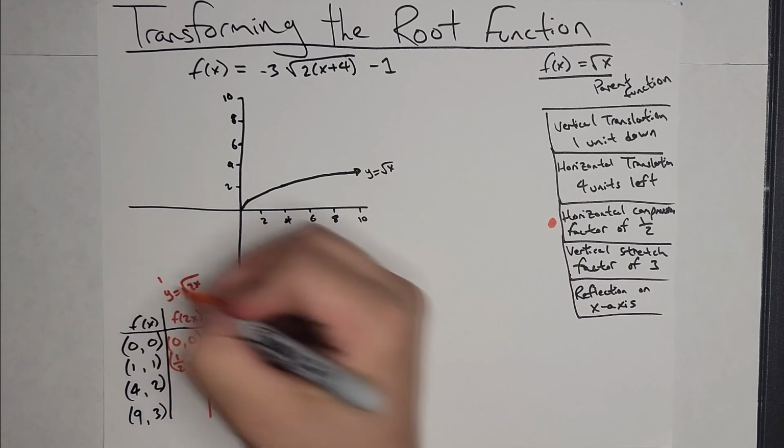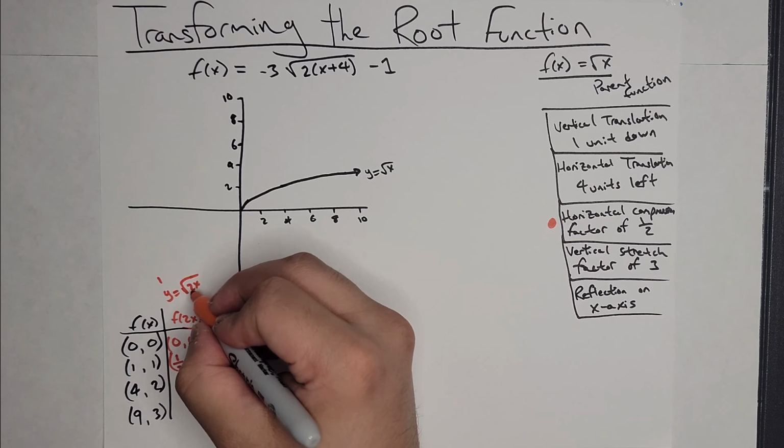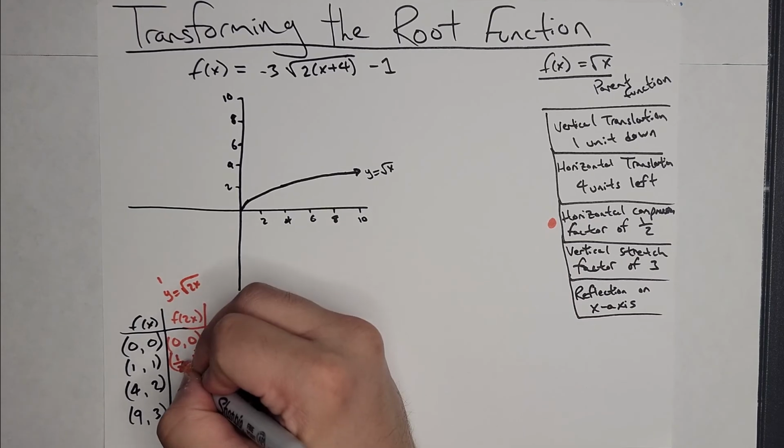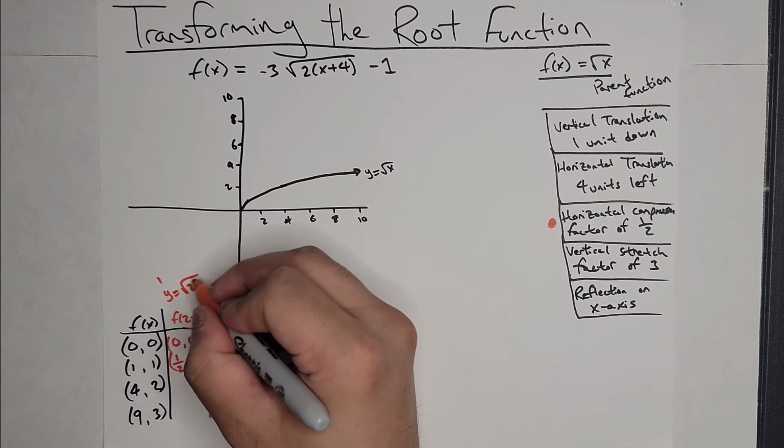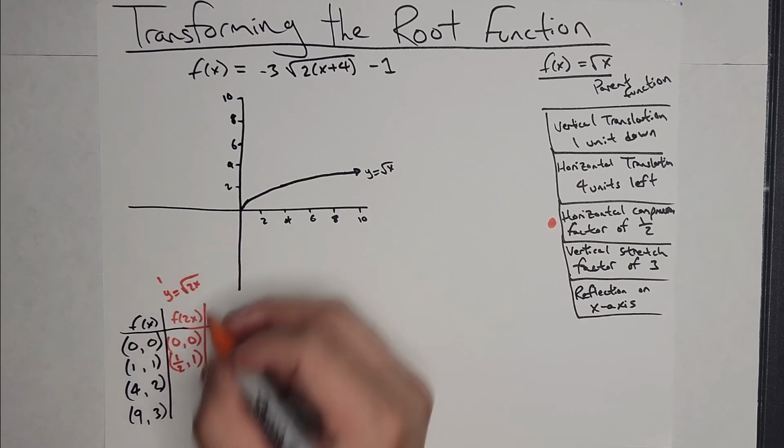So in order for this to be 1, this entire side has to be 1. And that's only true when you have 1 under here. So x half times 2, that'll give me 1 under the square root. And that will give me 1, 1.